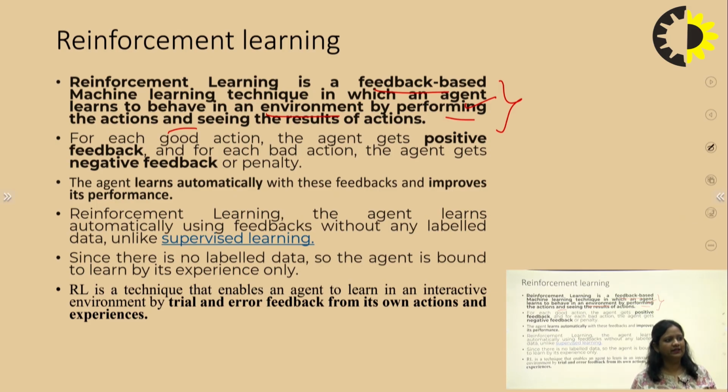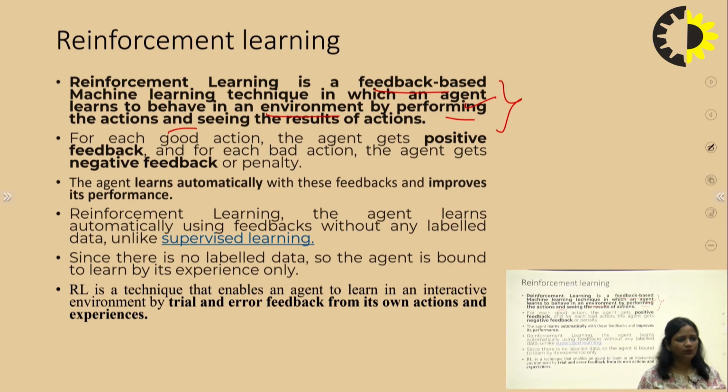In the RL technique, the agent will not take help from previous data or a well-labeled data set, unlike in the supervised machine learning technique. The agent learns automatically with the feedback given by the environment and improves its performance, without any labeled data set.